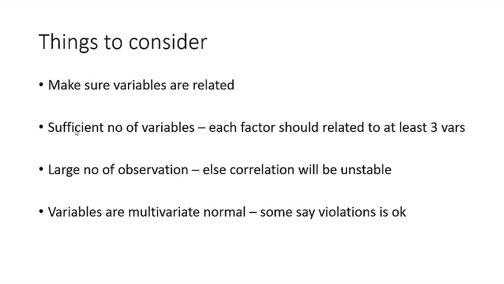When all your variables are normally distributed, naturally the entire data set is multivariate normal. But some researchers say that a slight violation is okay, and you can still use factor analysis. But of course, don't use purely categorical variables or dummy variables in factor analysis. Make sure they are continuous, or that there is some sort of continuity in your data.